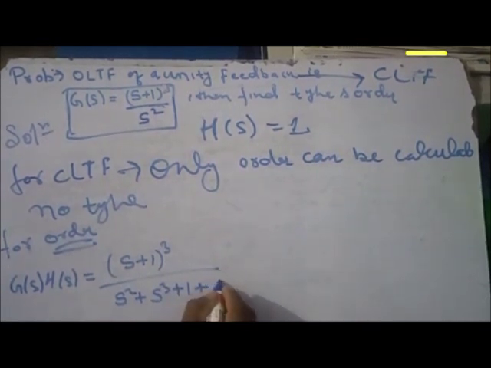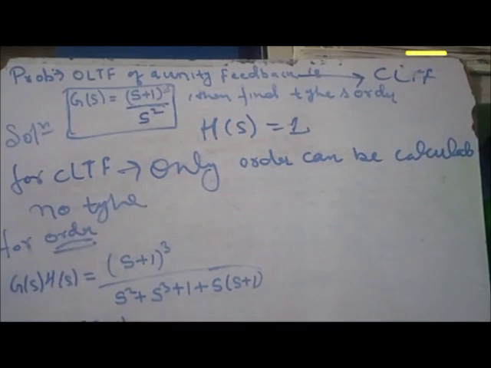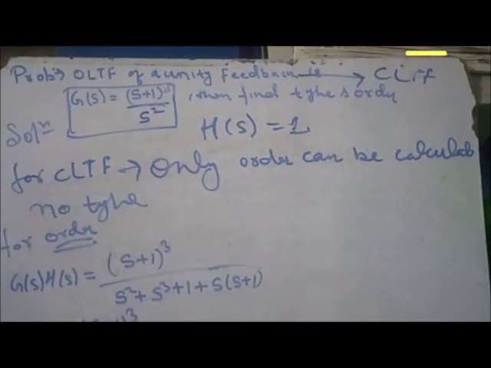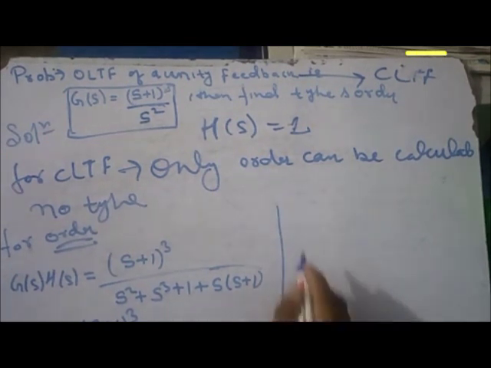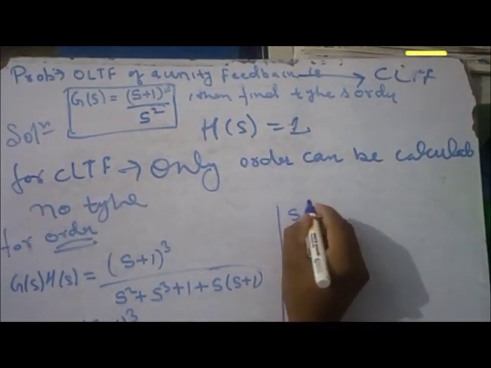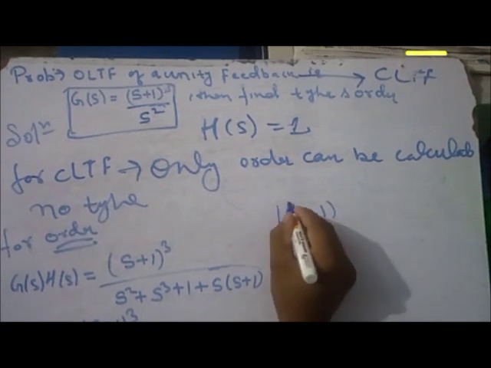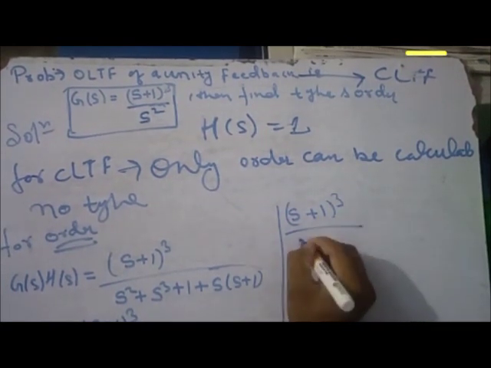That is nothing but s^3 + 4s^2 + 3s + 1 in the denominator, with (s+1)^3 in the numerator. That means the order will be 3.